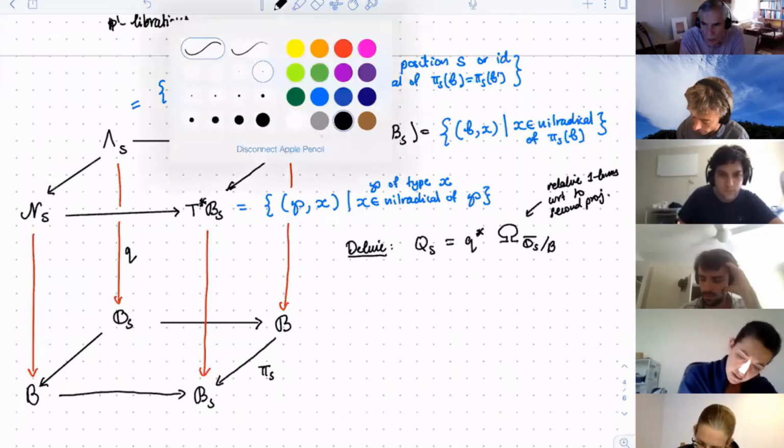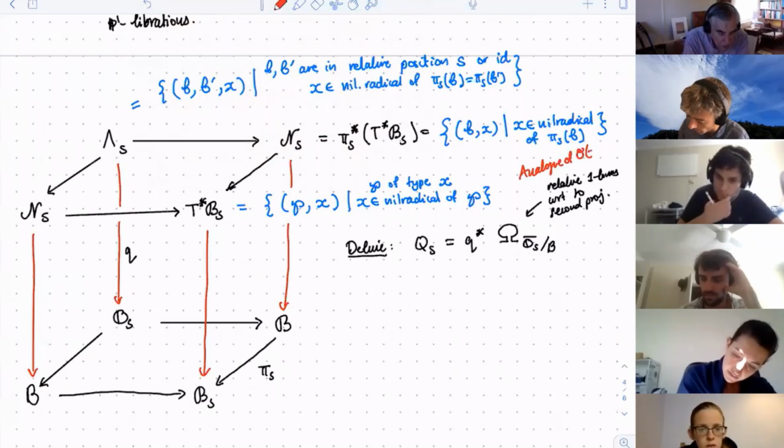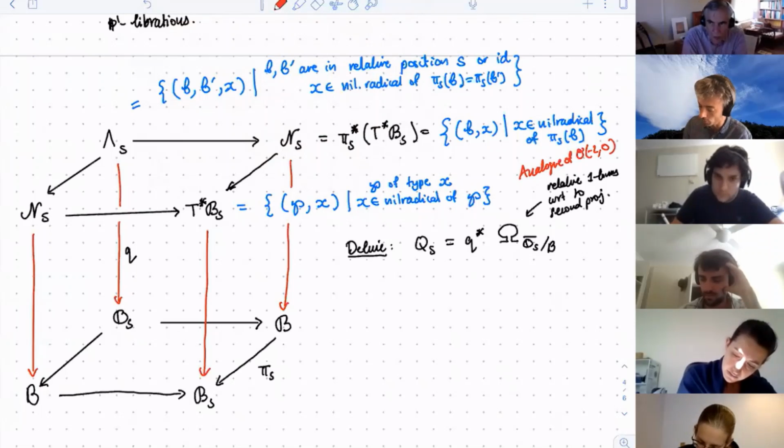So this is the analog of O of minus 2, 0 from before.